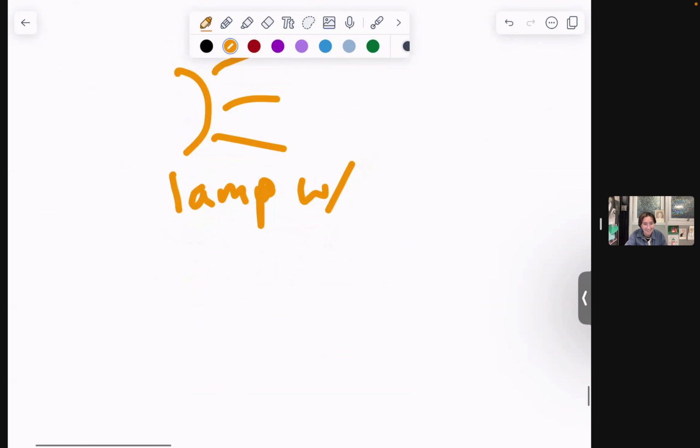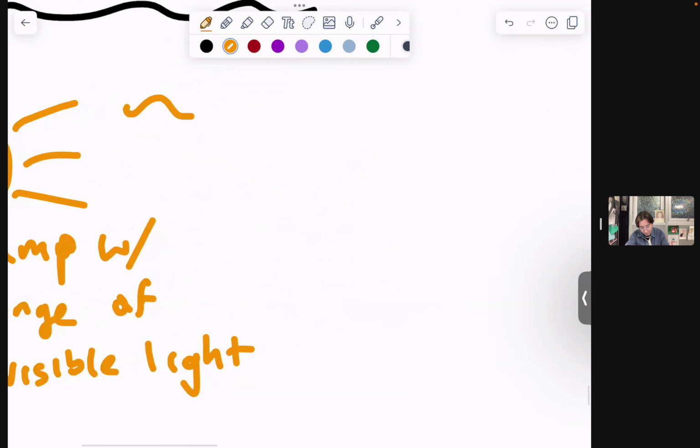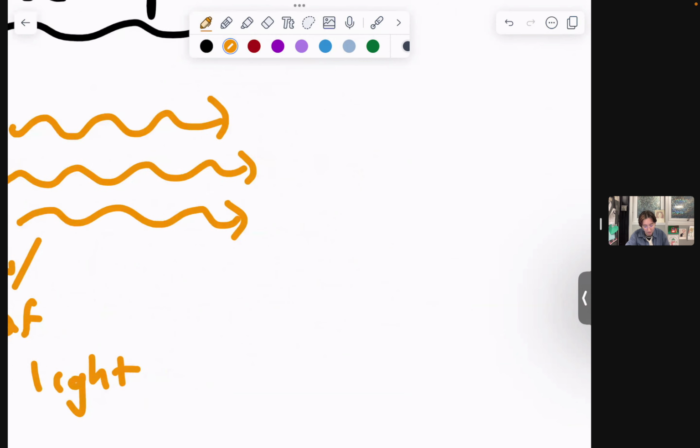The super fancy ones can do even more, but most of the time it's a lamp that's just doing the visible range. And all of those photons of all those different wavelengths are coming off of it, and they're going towards our sample.